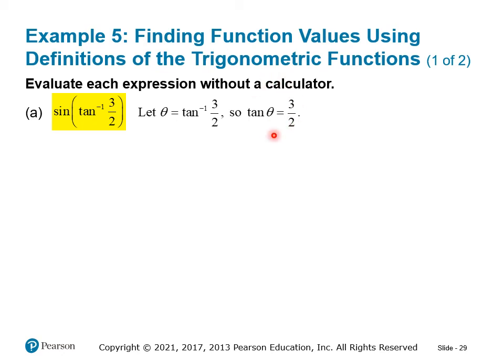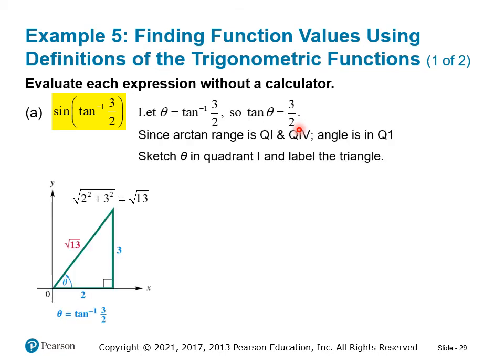So let's graph this in quadrant 1, recognizing that tangent values are the opposite over the adjacent. The opposite is 3, the adjacent is 2, and we can find the hypotenuse by using the Pythagorean theorem: a squared plus b squared equals c squared, and solving for c.